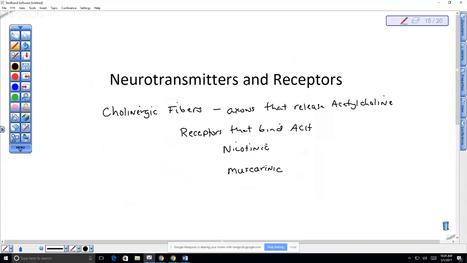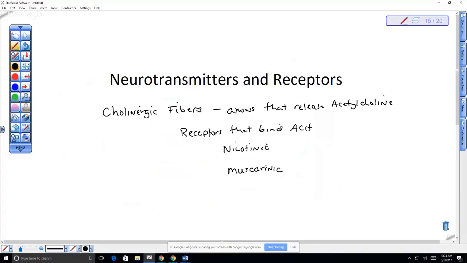Nicotinic is named after the fact that nicotine binds these receptors. And muscarinic is a poison that is produced by mushrooms. This is not psilocybin, not the hallucinogenic mushrooms, but the poison that binds to these particular receptors.